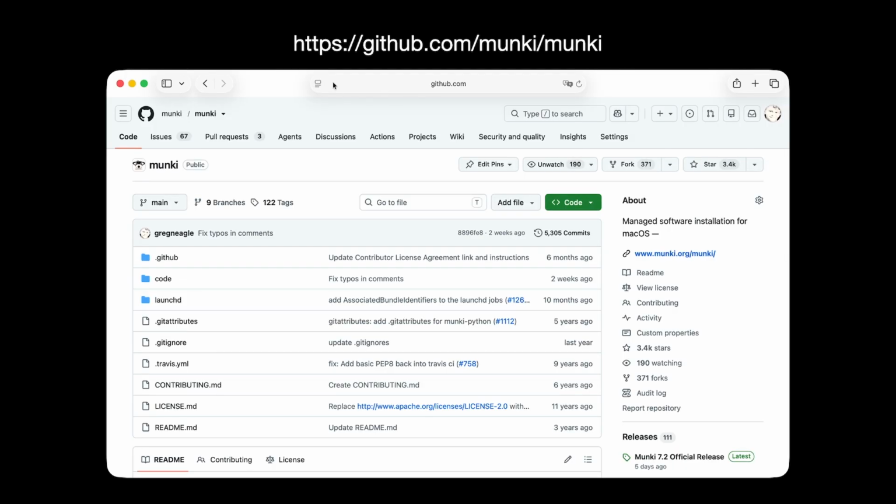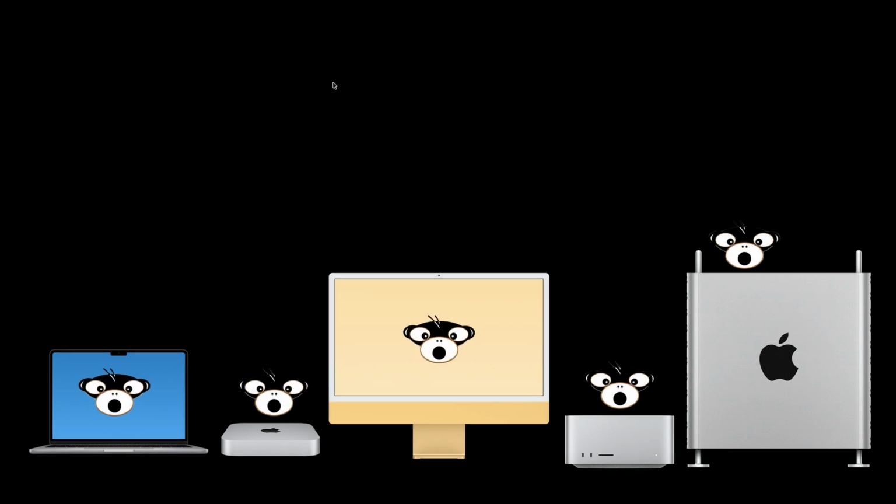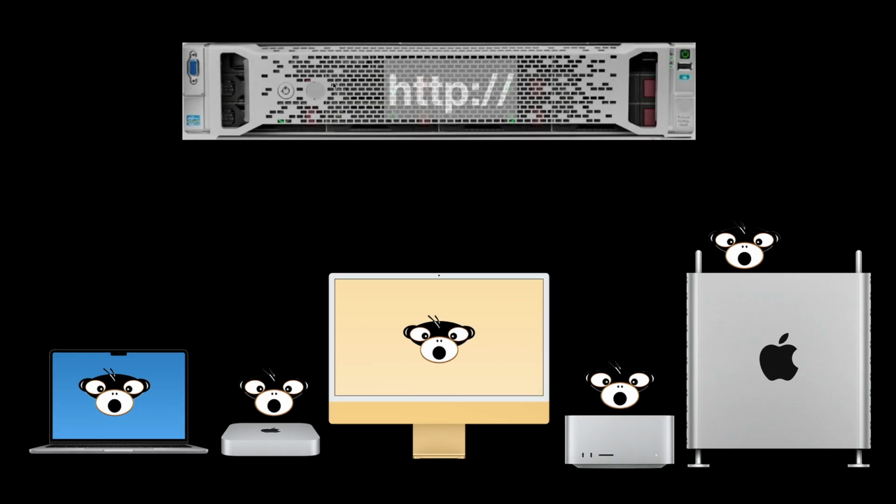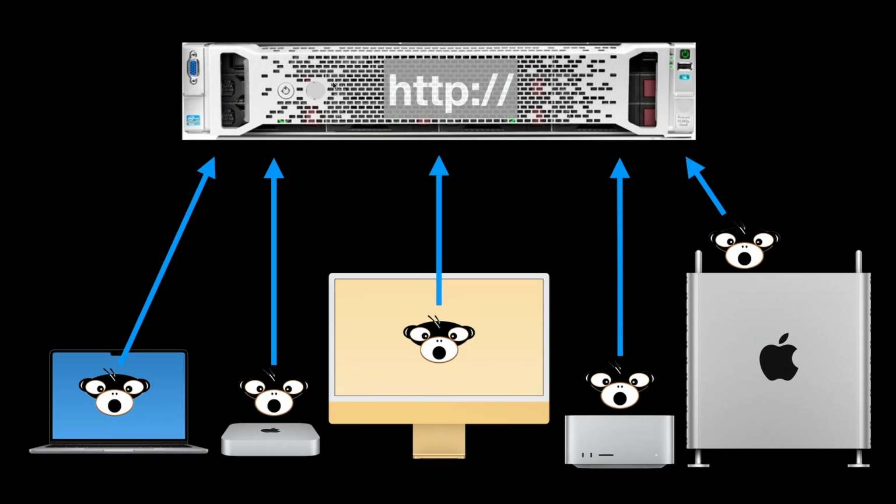You can find Munki on GitHub, where it's free to download and use. And here's kind of how it works. The Munki client runs on each Mac, and all the smarts are on the client side. The server is a dumb standard web server, and the clients talk to that web server to find out what to do.